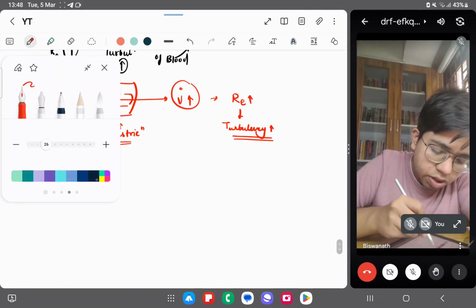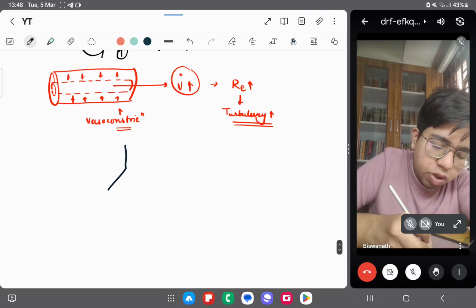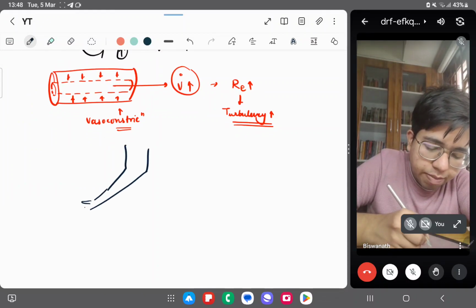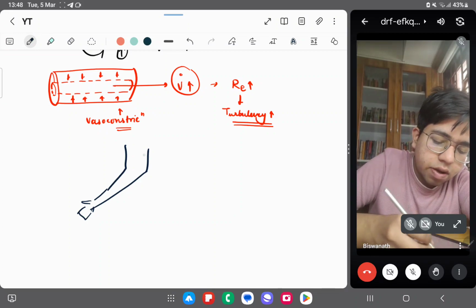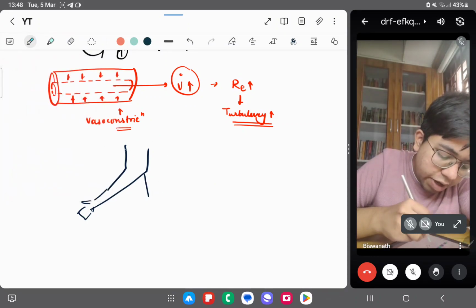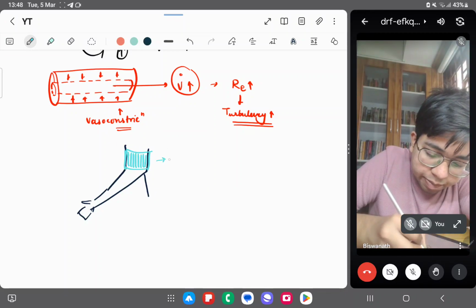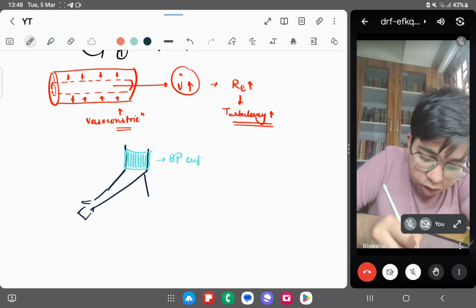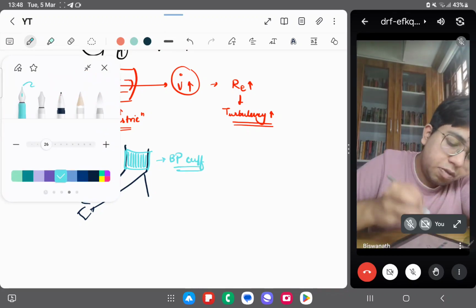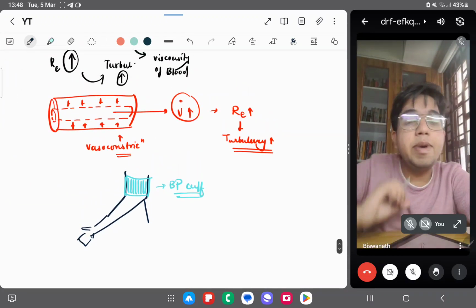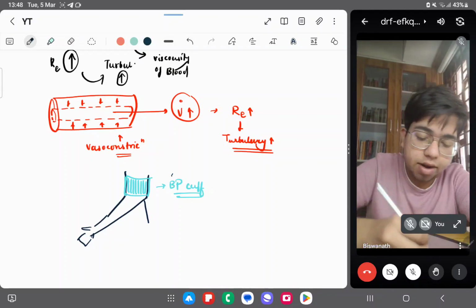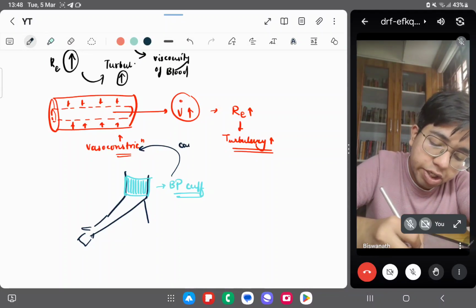So let's say a patient comes to you and you have to measure his blood pressure. This is the patient. You tie the BP cuff here. What the BP cuff does is constrict the arteries, it will cause vasoconstriction.